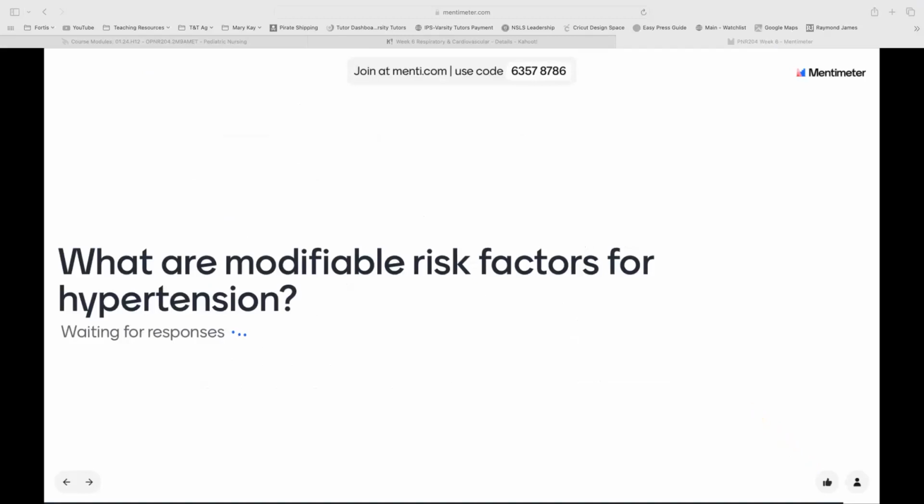So what are some of the modifiable risk factors for hypertension? What are things that we can control and change to avoid hypertension? Diet, yep. Stress.